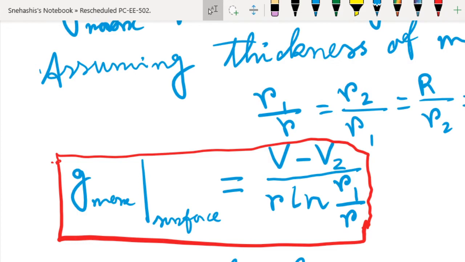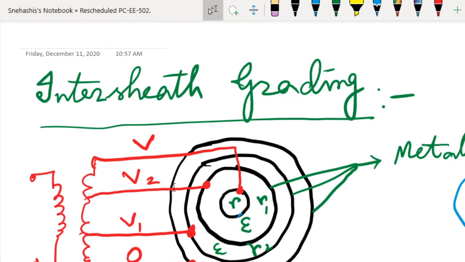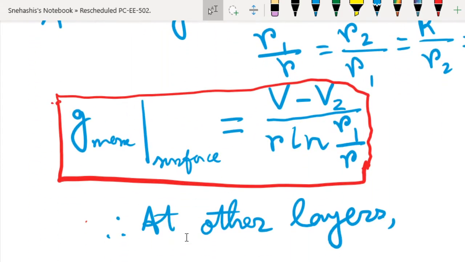So it will be, what will be the voltage difference? V2 minus V1. So it will be V2 minus V1 divided by R1 ln R2 by R1.